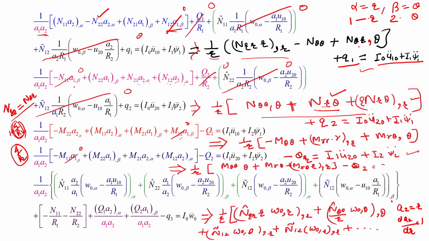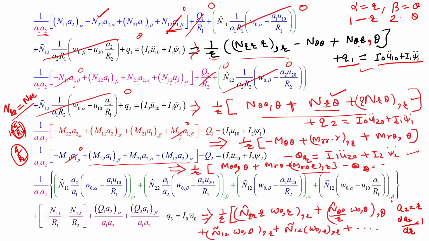Then similarly, the fourth equation, the first term will not contribute, these three terms will contribute. So, we can get m theta theta comma theta, then m r theta plus m r theta r comma r, minus q2 or q theta.